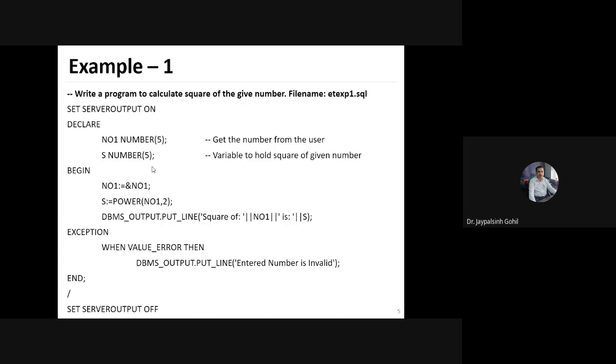Directly I'm taking the value from the user, calculating the square, and showing it as output. Whatever value is given by the user, it will calculate the square of it and show the final output, right? So that is a simple PL/SQL block and the majority of you know how to do that.